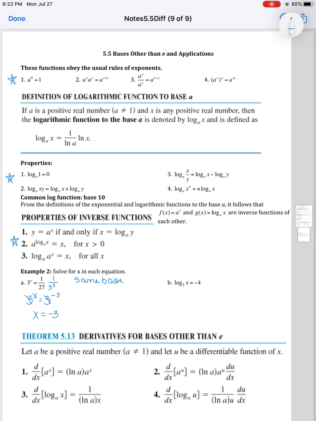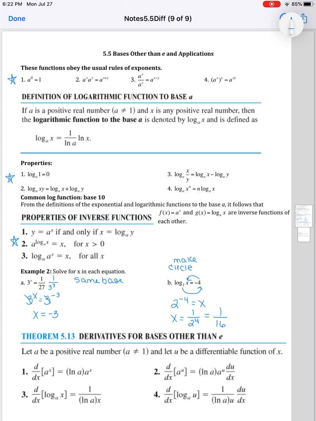So 3 to the x on the left is good, but 1 over 27, well, we know 1 over 27 is 1 over 3 to the third, but let me bring that 3 up, which makes it 3 to the negative third. And then if both of your bases are the same, they sort of cancel each other out. And then you can say that x equals negative 3, which would be what makes this statement true.